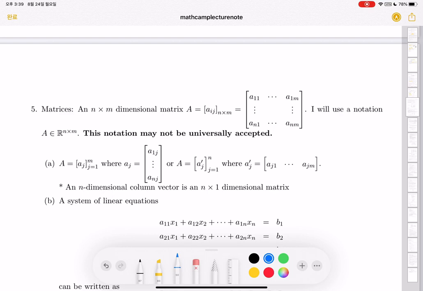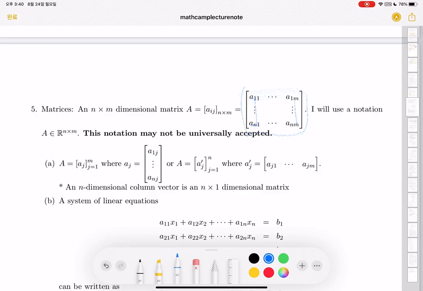A matrix has 2 dimensions, one row dimension and the other column dimension. A matrix is this, right? In this case, how many rows does this matrix have? That gives you the row dimension. In this case, n, and there are m columns in this matrix. It's called the column dimension.